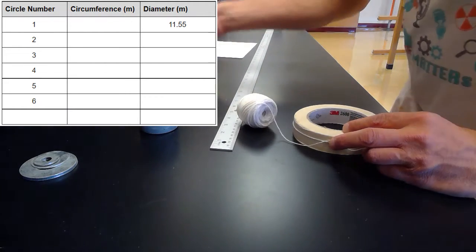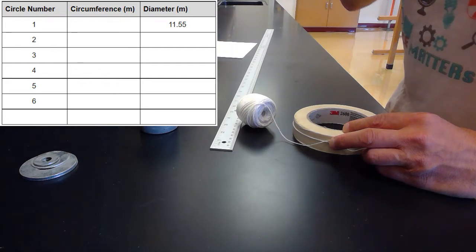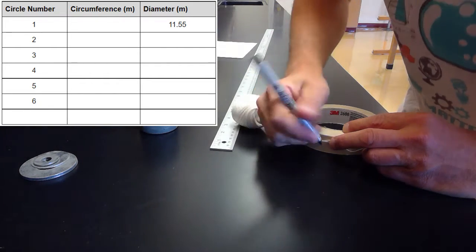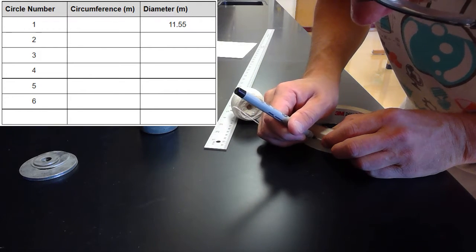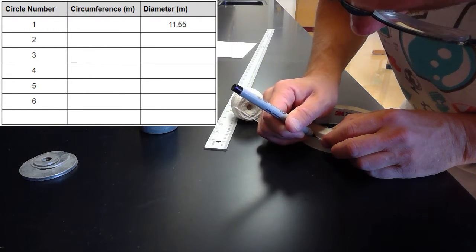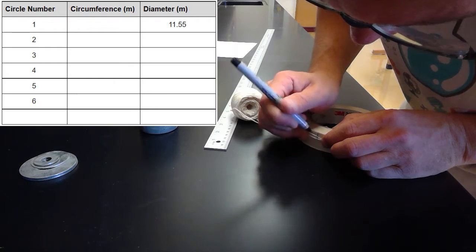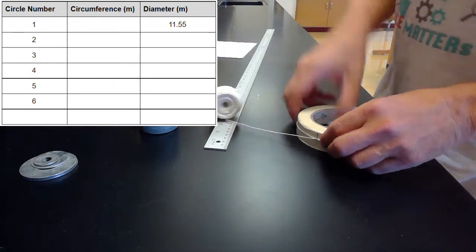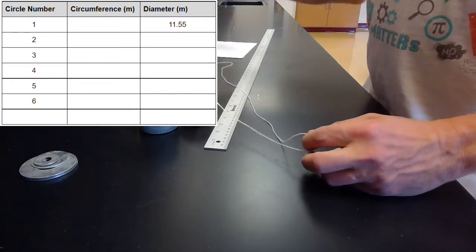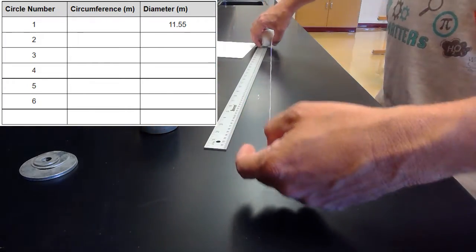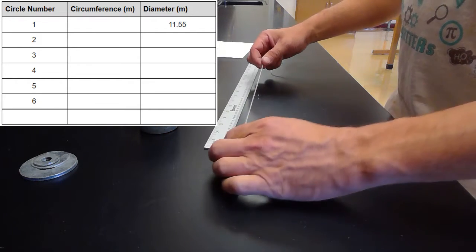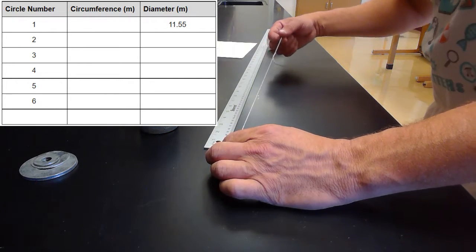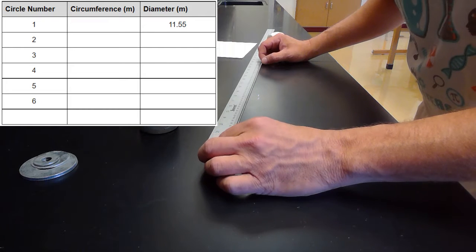And then I'm going to take my pen and mark on the string where it overlaps with itself. And then all I have to do is measure the distance between those two marks on the string. So one of them I'm going to line up with 0, the other mark, here it is.